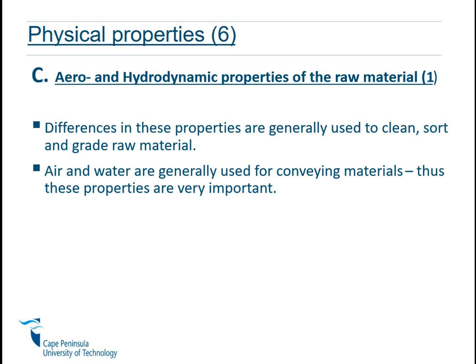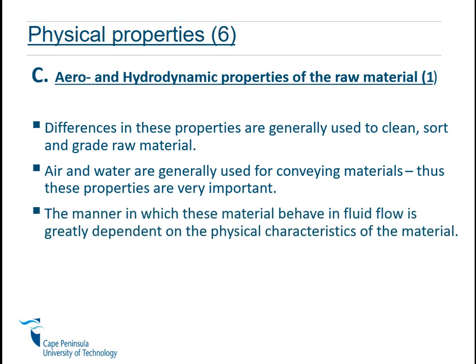Air and water are generally used for conveying materials, and thus these properties are very important. So if you want to move your materials from one place to another, you may use air or water. Right. In addition to this, air and water are also used frequently to mix raw materials.